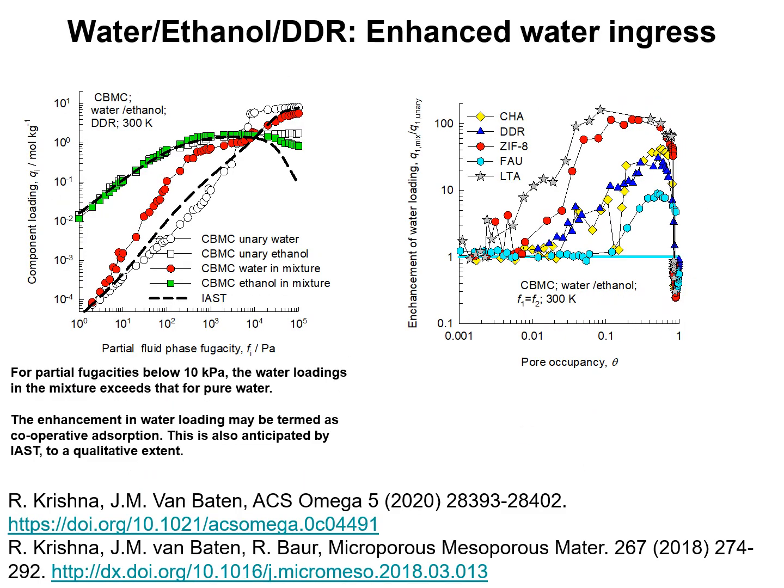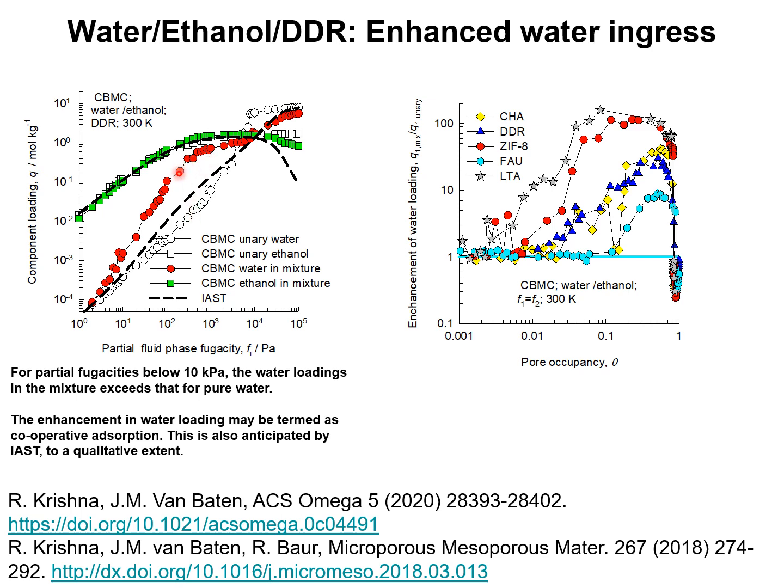Due to a strong hydrogen bonding between water and ethanol molecules, the component loadings of water for mixture adsorption, shown by the red circles here, are significantly higher by about 1 to 1.5 orders of magnitude than the component loadings for pure water.